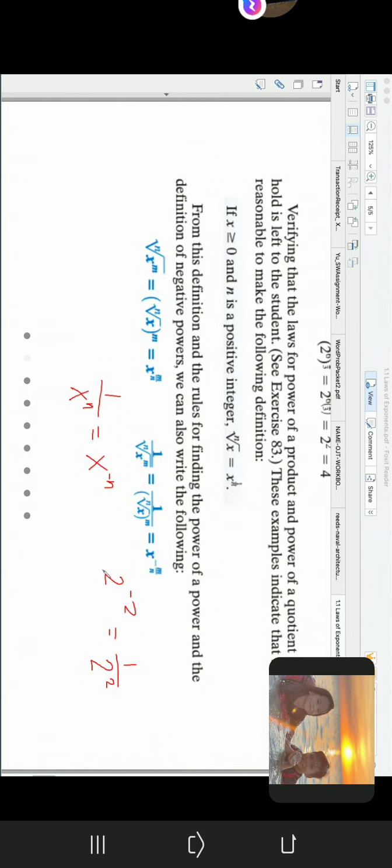Since it is negative in the numerator, when it moves to the denominator, the power becomes positive. That is 2 squared, so that is 1 over 4. Same as in here, it is the same format.